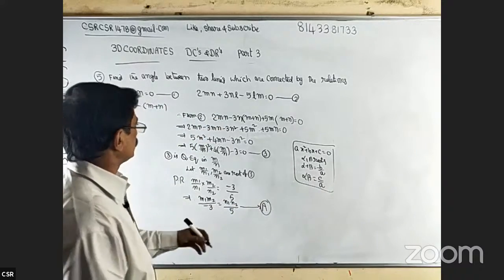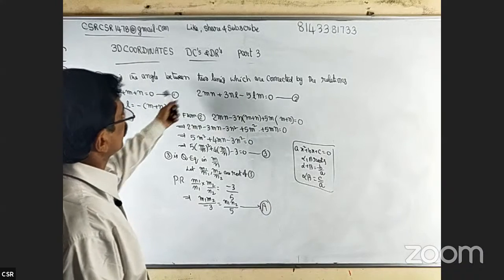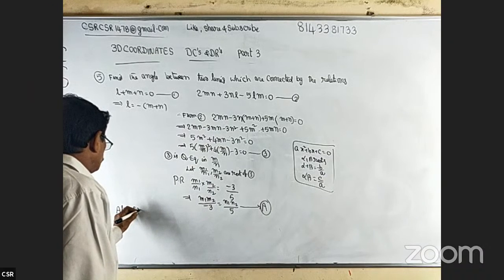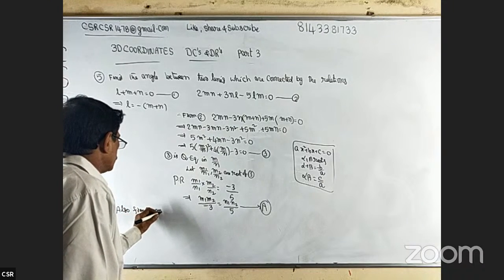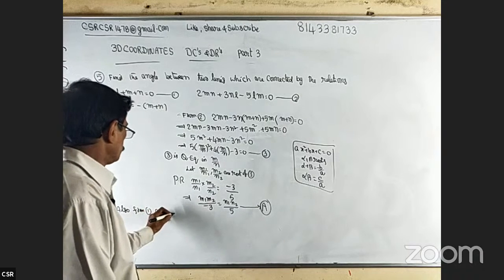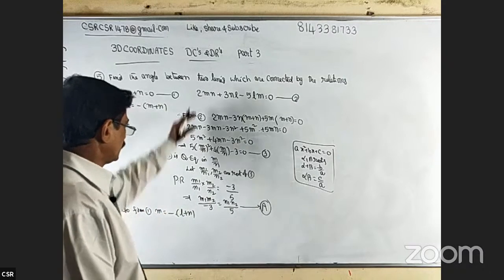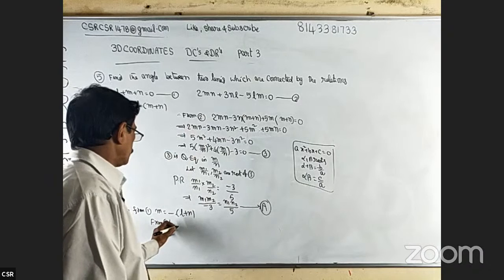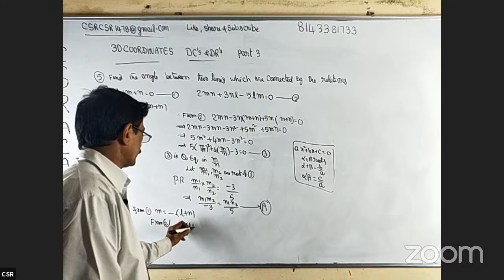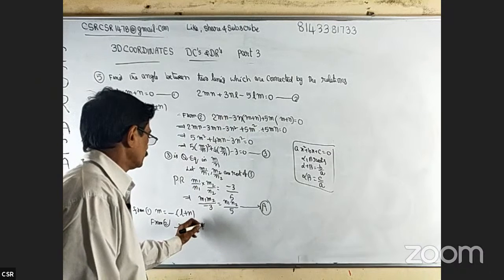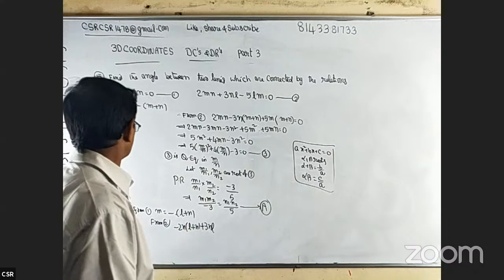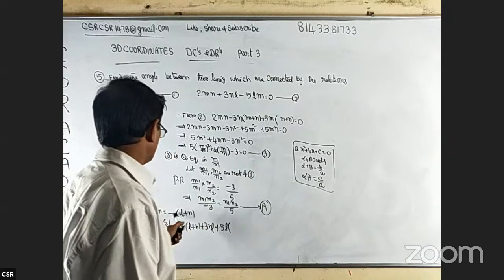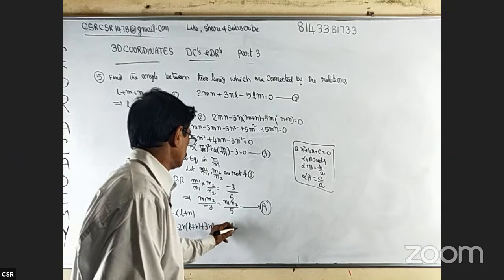Similarly, we take another value and substitute in the same way. From 1, we take m is equal to minus of (l plus n), and from 2 we get minus 2n(l plus n) plus 3nl plus 5l(l plus n) is equal to 0.